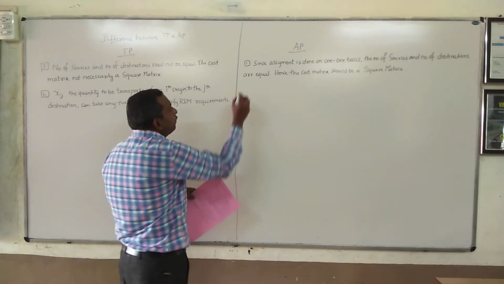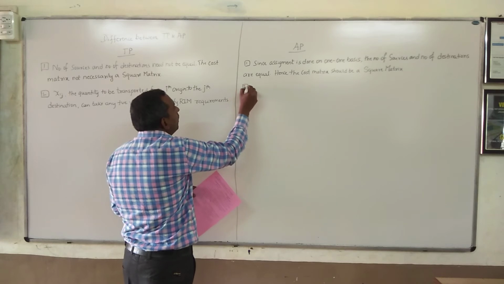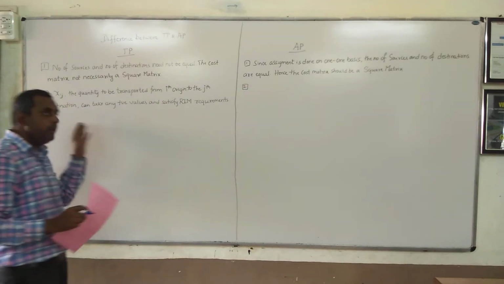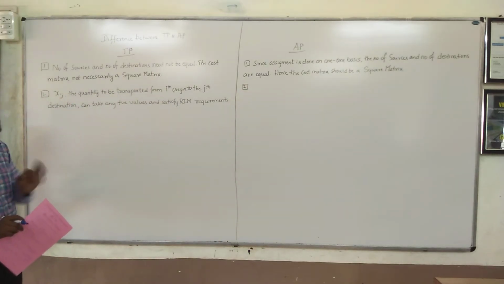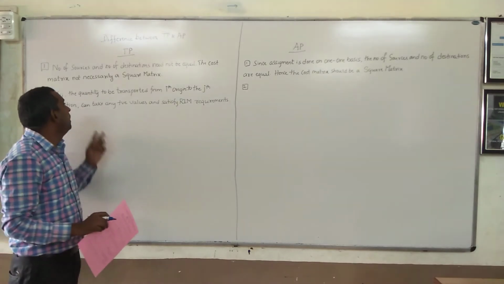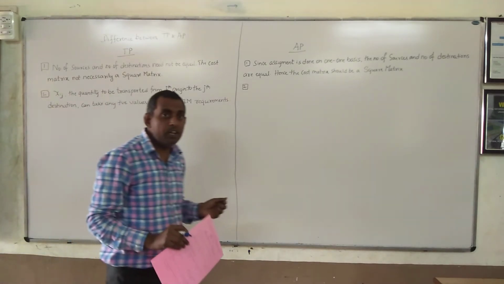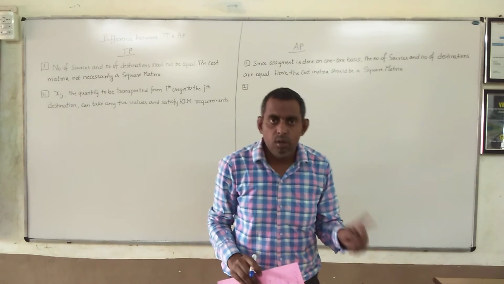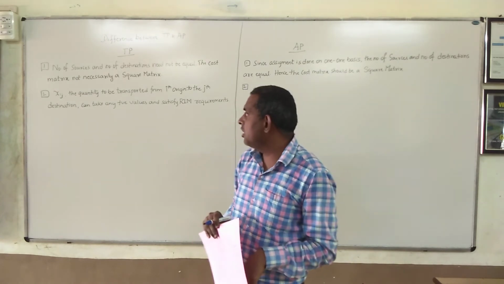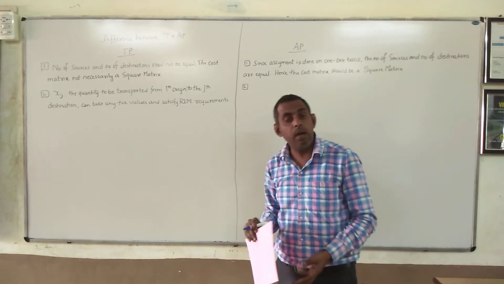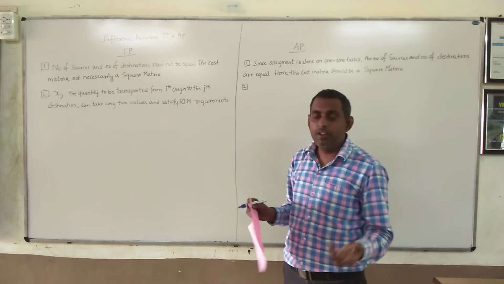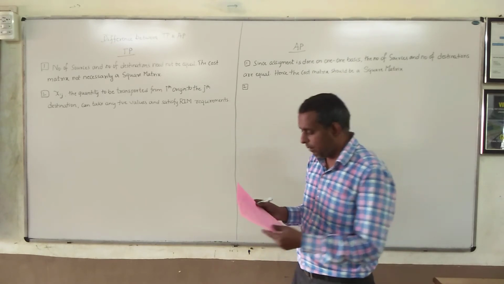Whereas in case of assignment problem, so let me again finish here. Xij is the quantity to be transported from ith origin to the jth destination, so it can take any positive values and satisfy the rim requirements.